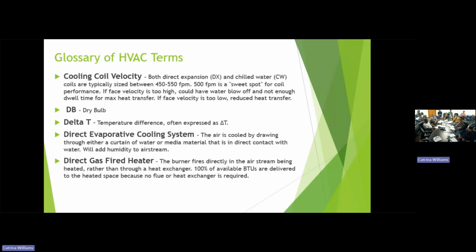That's how we cool it. That's direct evaporative cooling. It will add humidity to the airstream. We're doing a run through on level 2, and you can see what that does to your temperature. They're great systems, and very efficient cost-wise, but there are drawbacks too. You have to be aware of what you're getting or not getting.